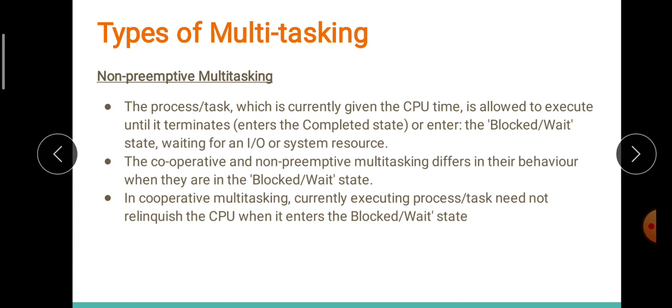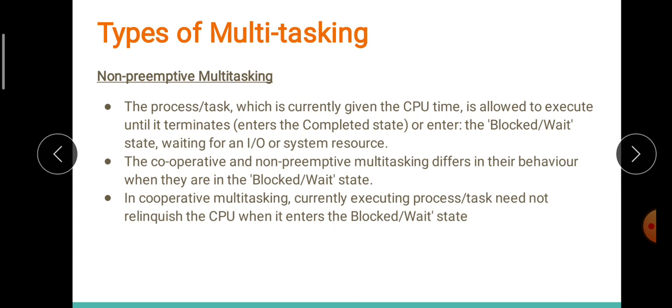In non-preemptive, if task 1 enters a blocked state, at the same instant the CPU is given to task 2 or task 3. They don't require the permission of task 1 for the CPU release.